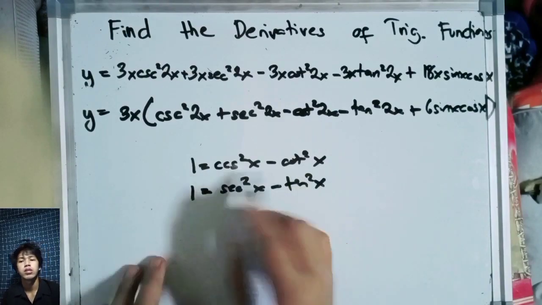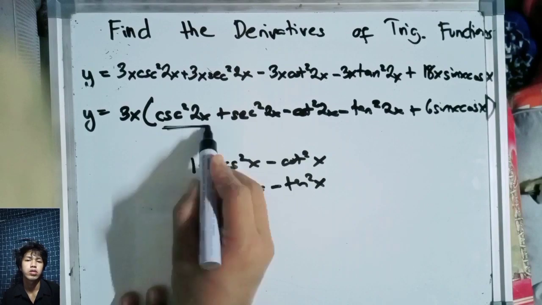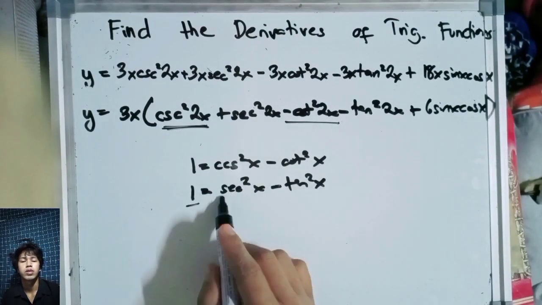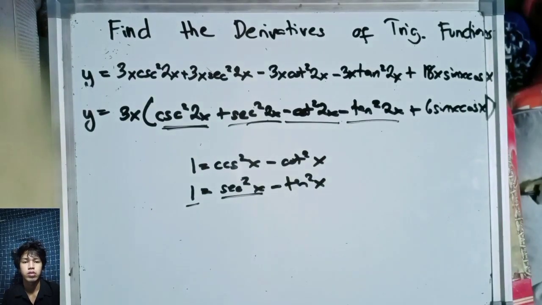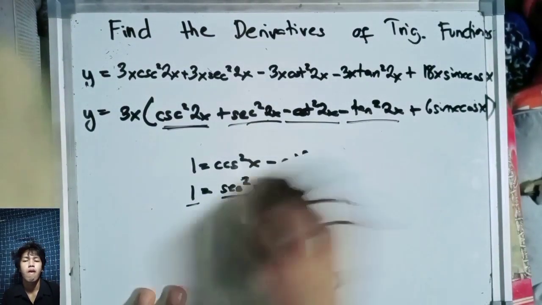So we can replace cosecant squared of 2x minus cotangent squared of 2x with 1, and the same goes for secant squared of 2x minus tan squared of 2x.